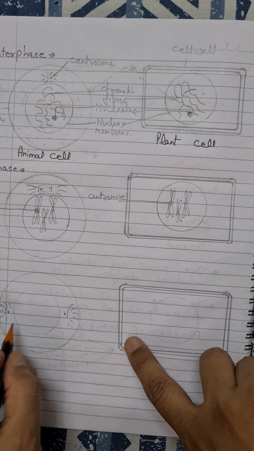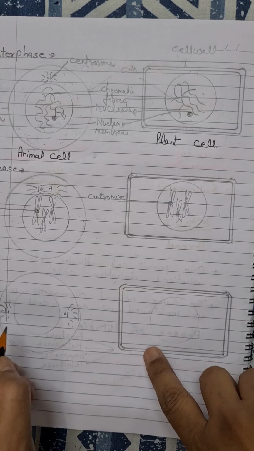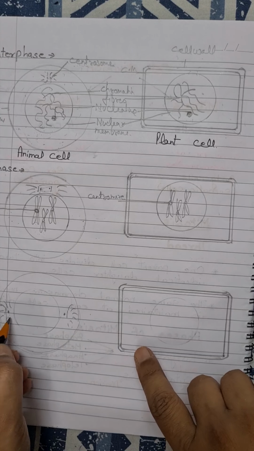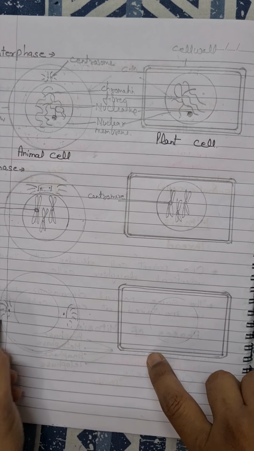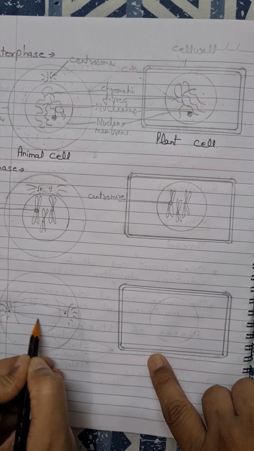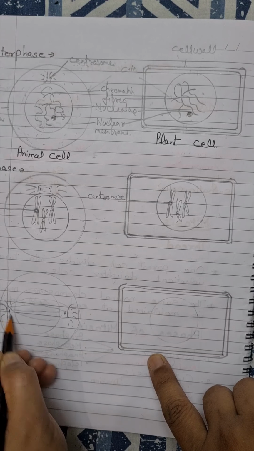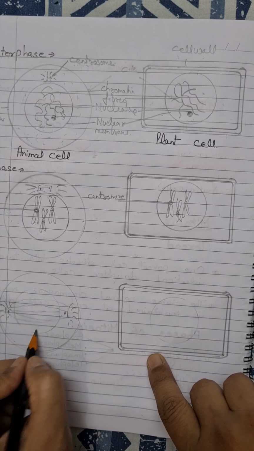Spindle fibers, long thread-like fibers, are formed in between these 2 centrioles.